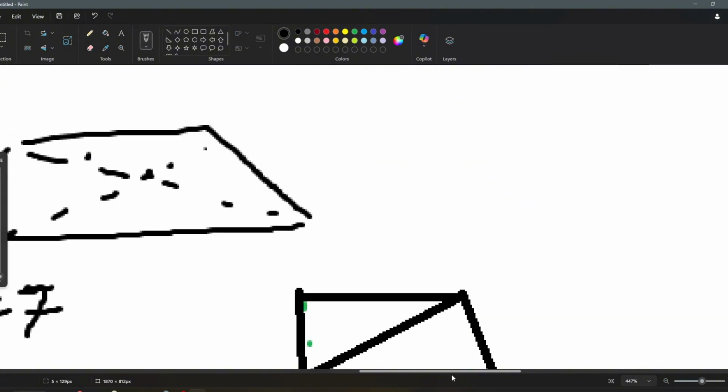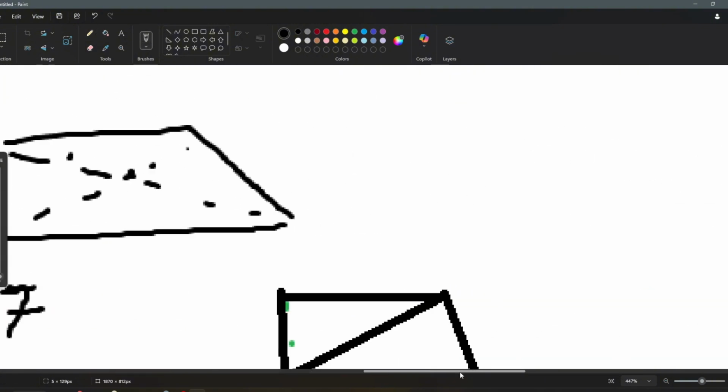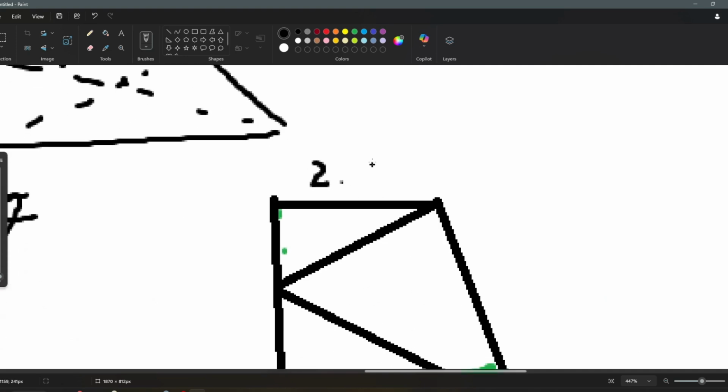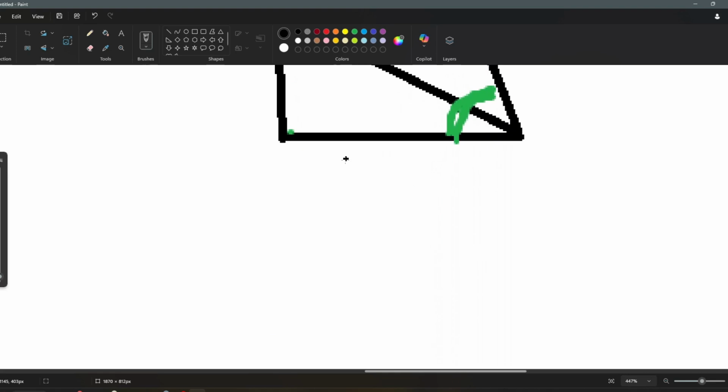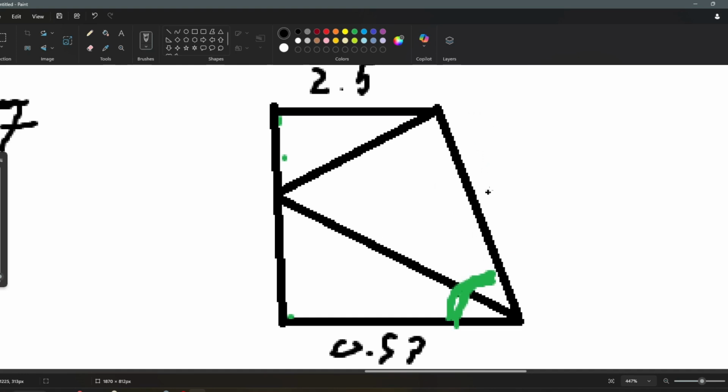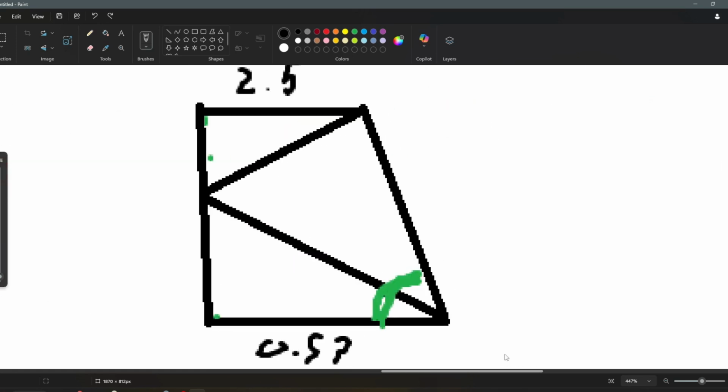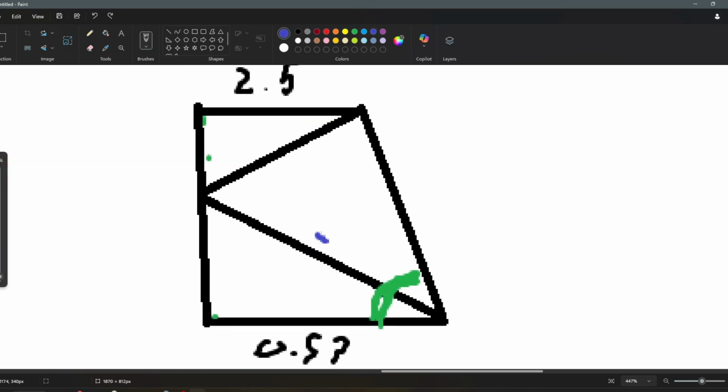We know, what's the top one? Is it 5, I think? Yeah, so 5, so this is 2.5. This is 0.5 question mark. This is, wait, is that 3.5? No, it's not 3.5. This is blue here, and this is red up here.